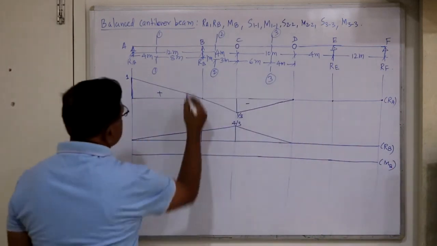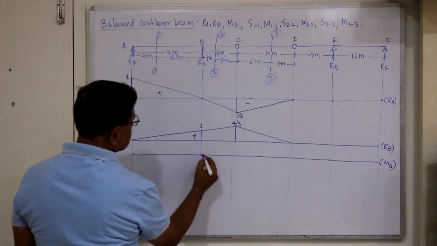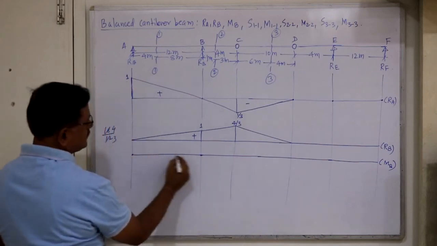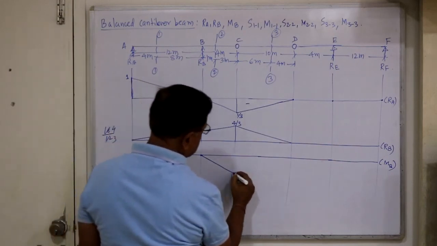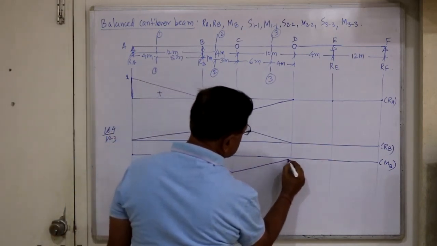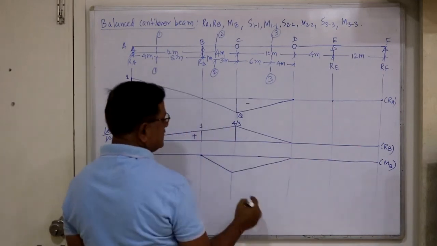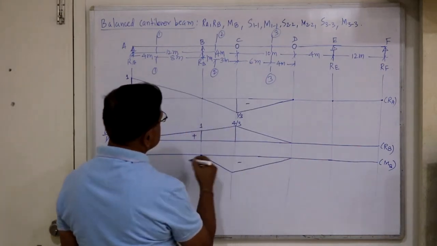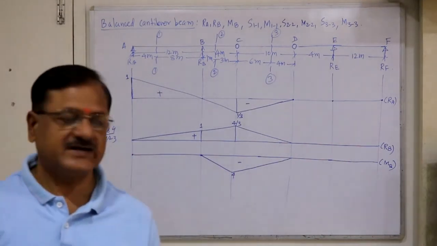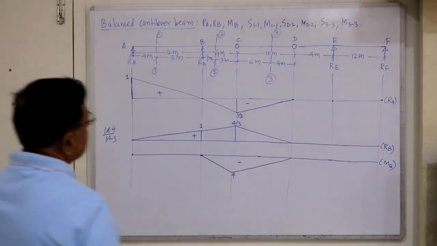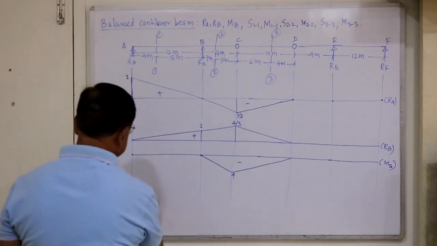MB means here, but there is a deflection 0, there is a deflection 0, this should be straight, you will get negative only, and then up to the hinge it will get rotated. Further it remains straight. This is minus, base is 4, height is 4. This is the ILD for MB.